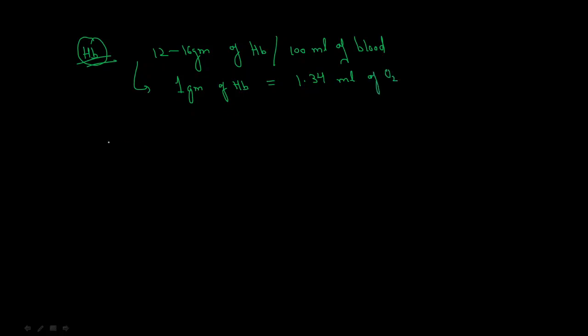So can I say that 15 grams of hemoglobin is going to contain 15 into 1.34, which comes to approximately 20 ml of oxygen?